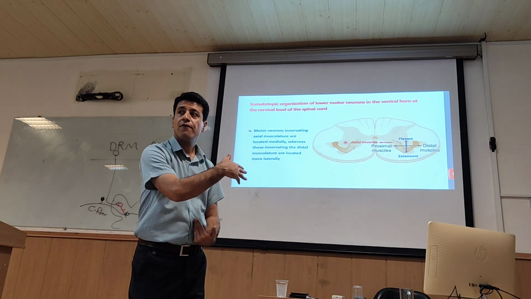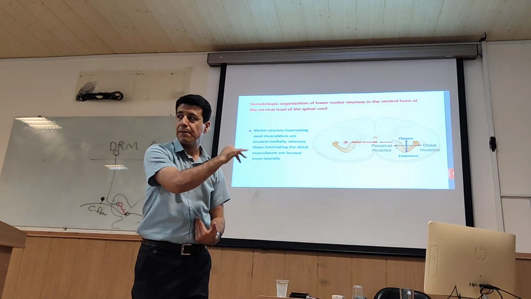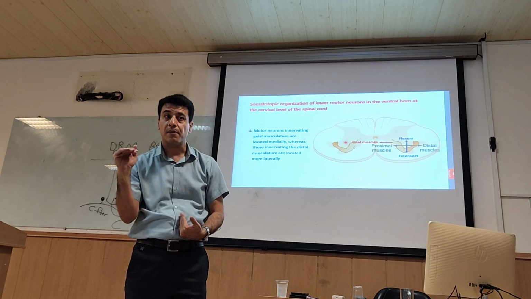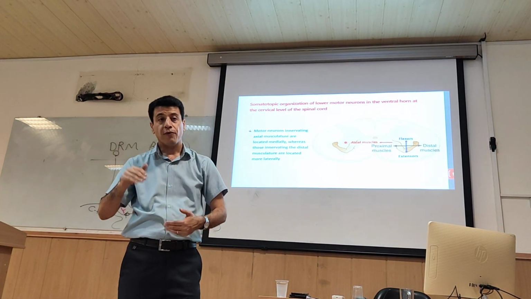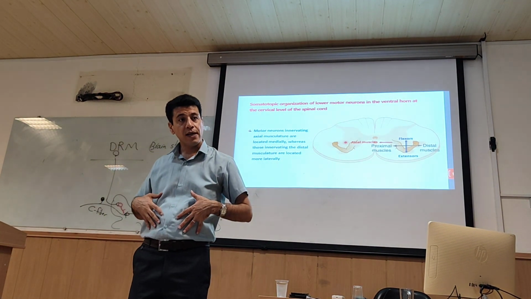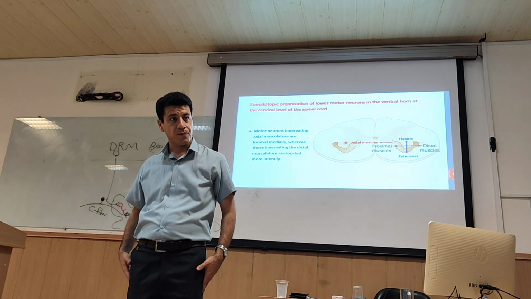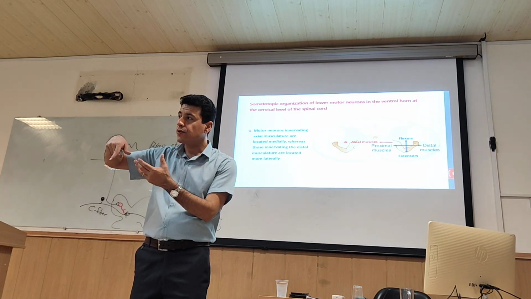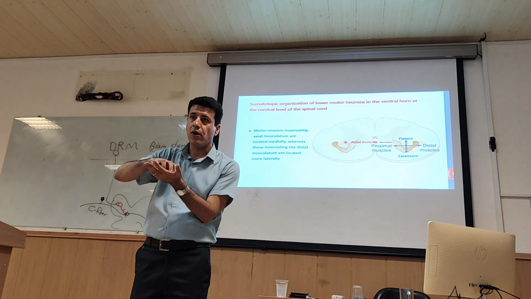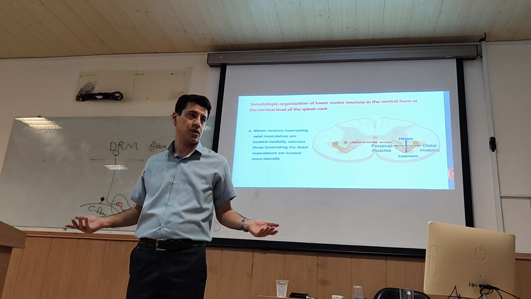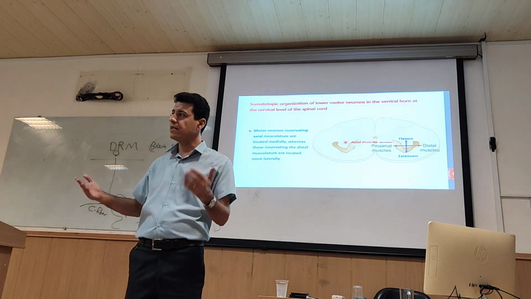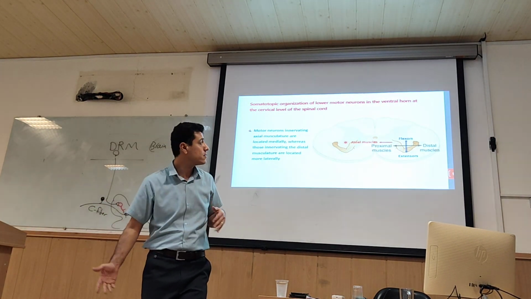So, if instead of a cervical segment, we consider a thoracic segment, then thoracic segment only innervates trunk, not limbs. So, all of the alpha motor neurons in the ventral horn are related to axial musculature. There is no lateral medial organization, right?